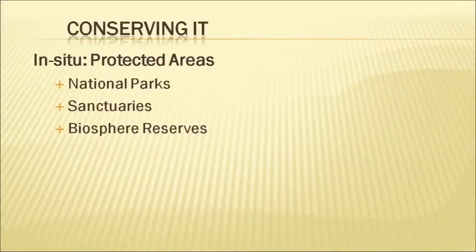The third category of protected areas is the biosphere reserves. UNESCO, one of the UN organizations, specializes in something like this. Biosphere reserves are a little different from national parks and sanctuaries in that these are also large natural areas where life forms are protected, but at the same time the communities that live there, their culture and lifestyle, are also documented and protected.